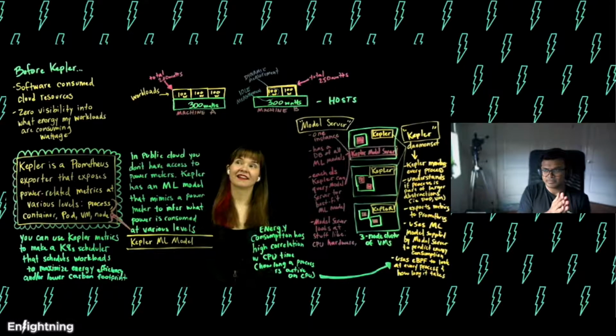But if you take the entirety of the node's usage and attribute it to the process, that's incorrect, because your workload is not causing all of it, and the idle is shared across the others.